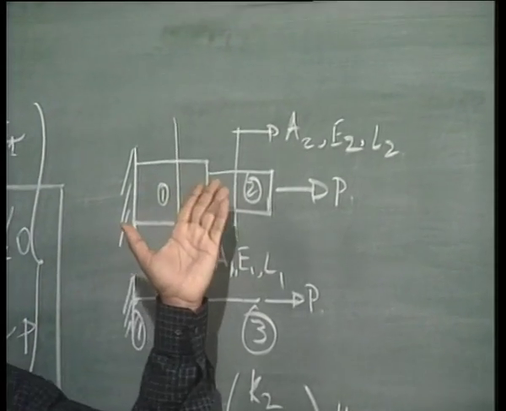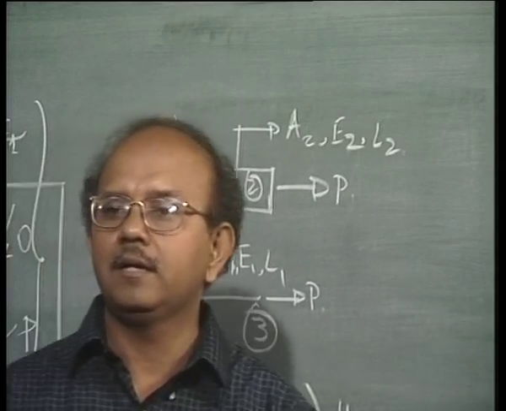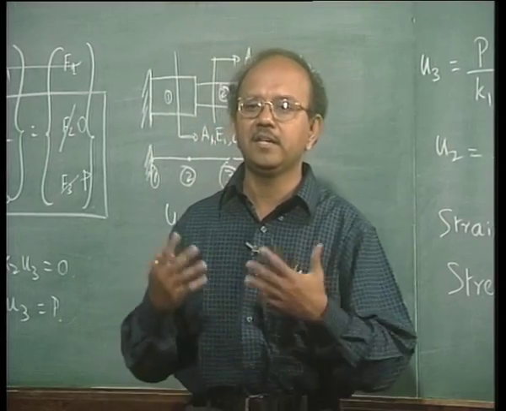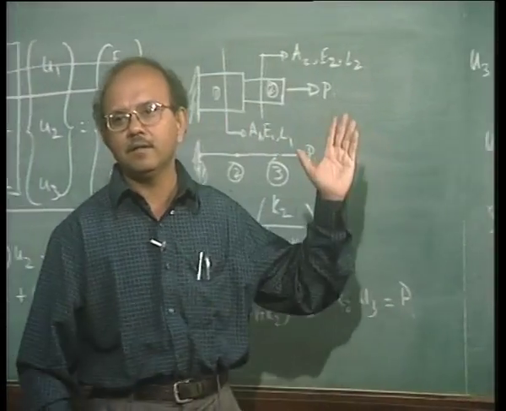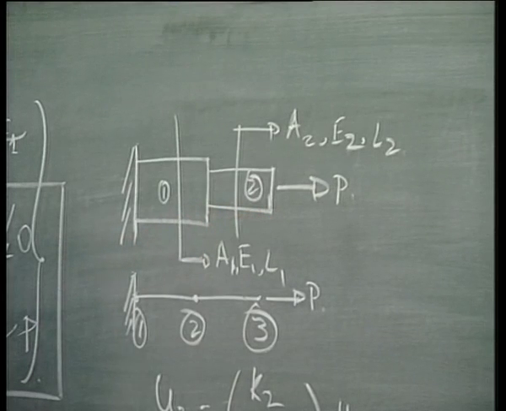Since E2 is greater than E1, then the students feel that the strains or displacements are lower, and hence stress is lower when I have a higher E2. So, absolutely not correct.